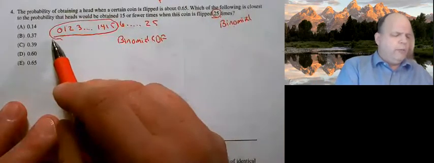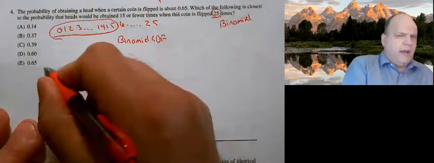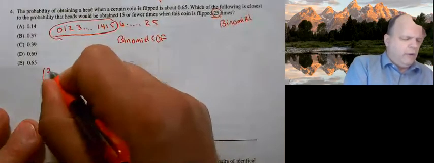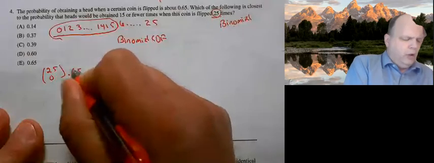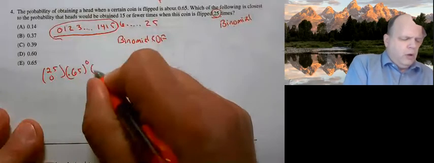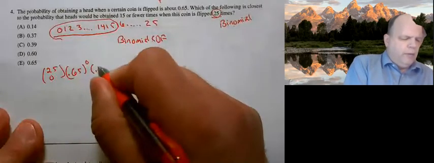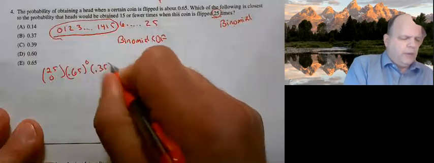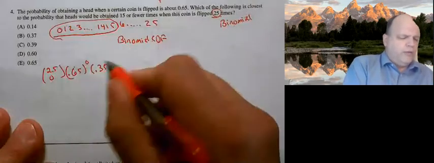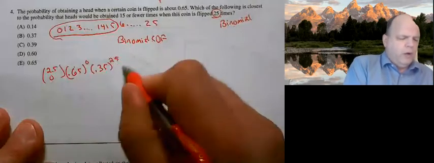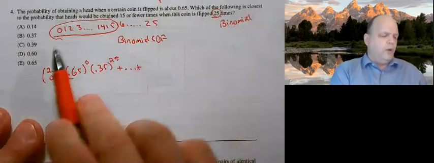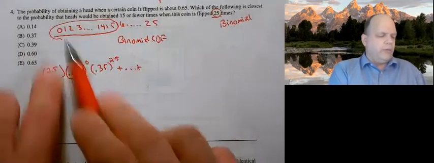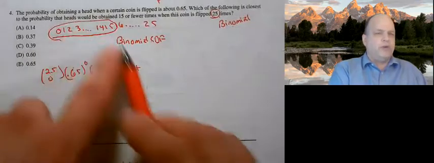But if this had been an FRQ, I would go 25 choose 0, 0.65 to the 0, 1 minus 0.65, which is 0.35, to the 25 minus 0, which is 25. So this is my lowest value, plus dot, dot, dot, plus, because essentially I'm going to do this for 0, then for 1, then for 2, then for 3, but we're going to shortcut it.